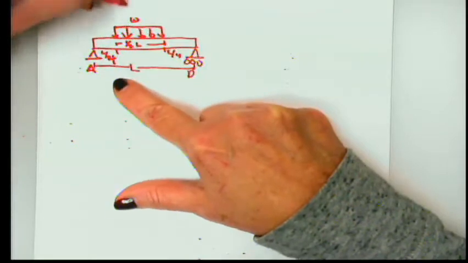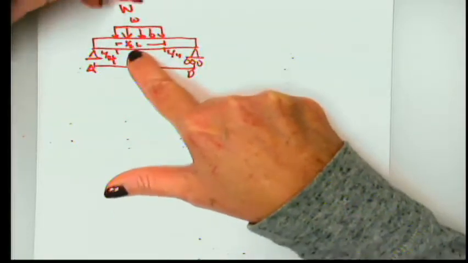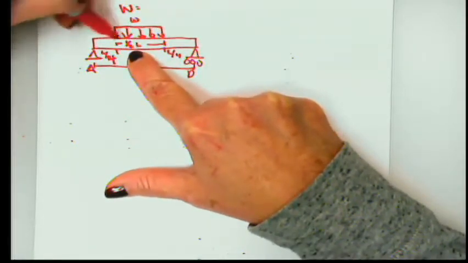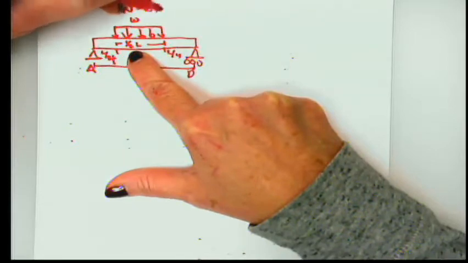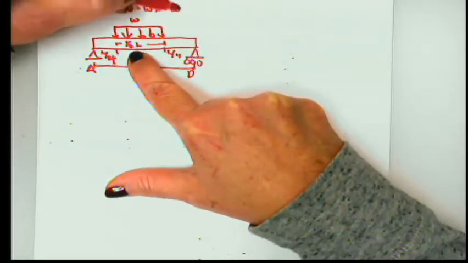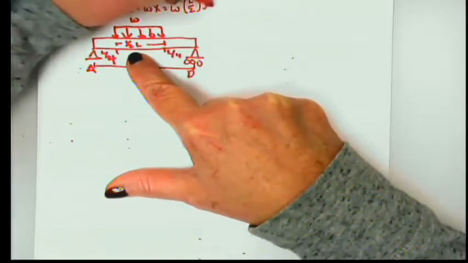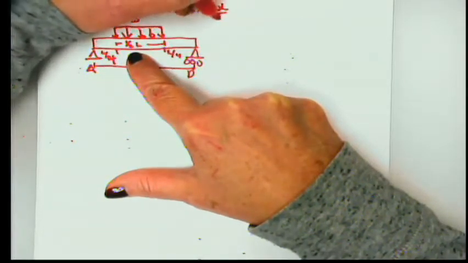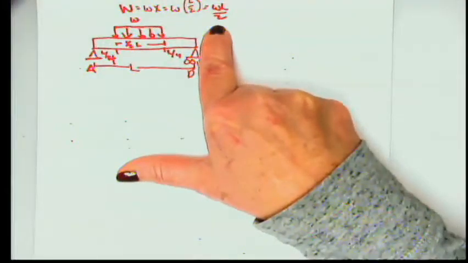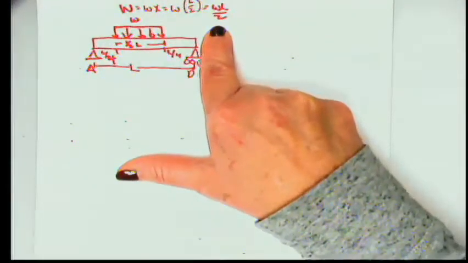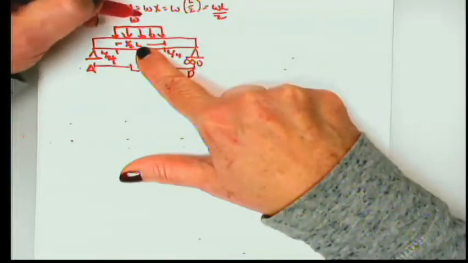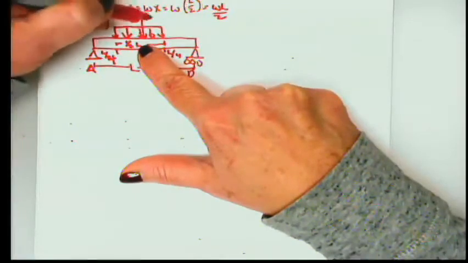So in other words, my capital W is going to be the w times x, which is w times L over 2, or little w L over 2, meaning that's going to be the equivalent point load. And because this is a rectangle, we can think of it as being applied right here.